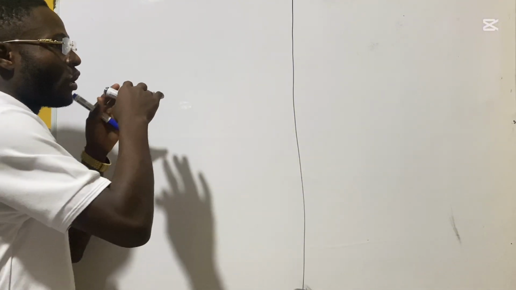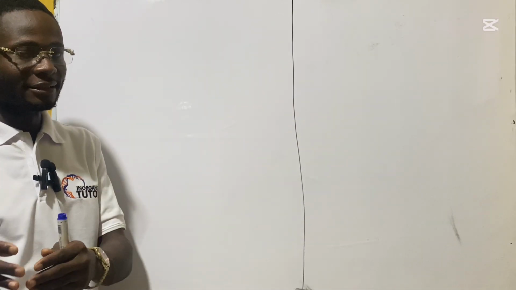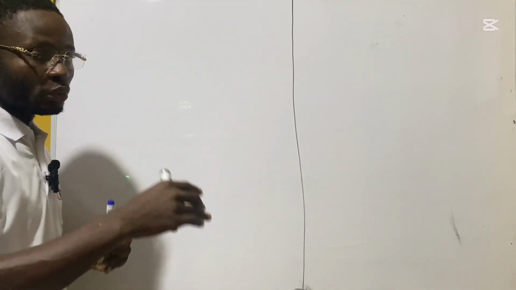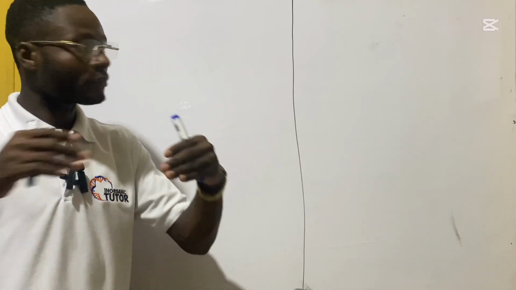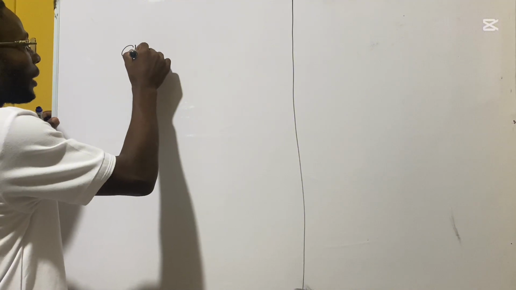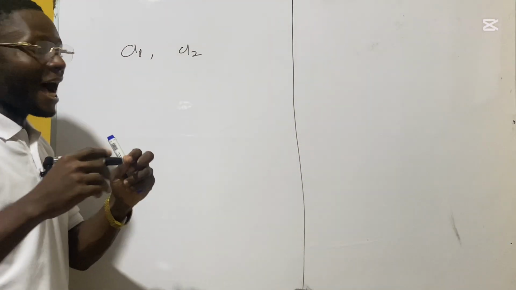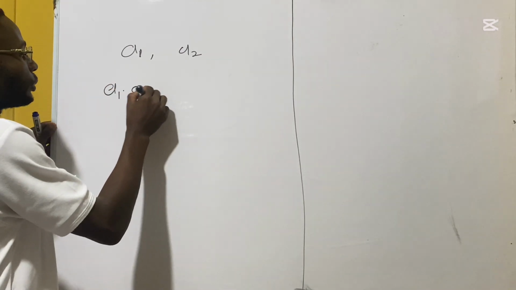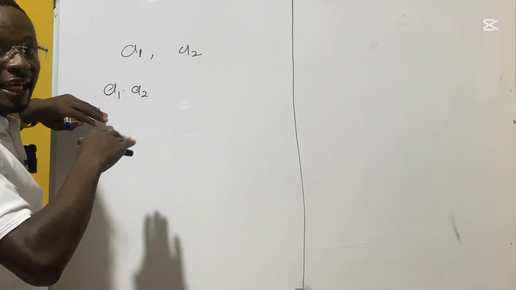It is the scalar product of two vectors, let's say vector a1 and vector a2, that have an angle between them. These vectors are denoted as a1 dot a2. That is what we call the scalar product.